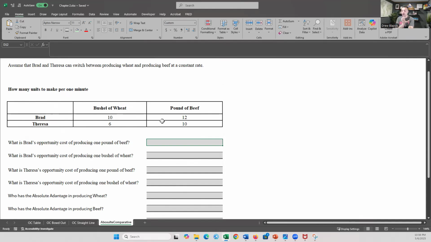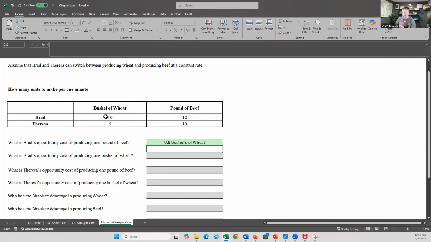So if we're going to produce beef, we want to think about how we're going to say this sentence. What is the opportunity cost to produce beef is what you give up divided by what you get. So I'm going to say it's 10 divided by 12, right? What did I give up? If I want to produce 12 pounds of beef, I'm going to give up 10.